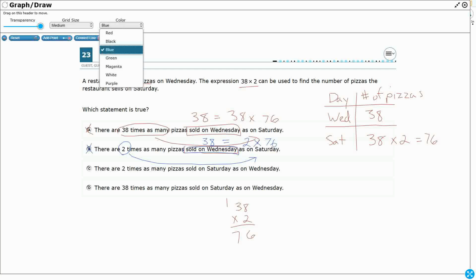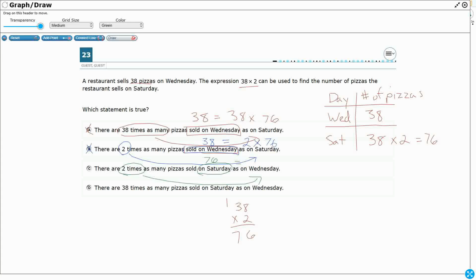Let's go to green. There are 2 times as many pizzas sold on Saturday as on Wednesday. So what is Saturday? Saturday is our 76. So 2 times, that 76 is 2 times what that Wednesday was.